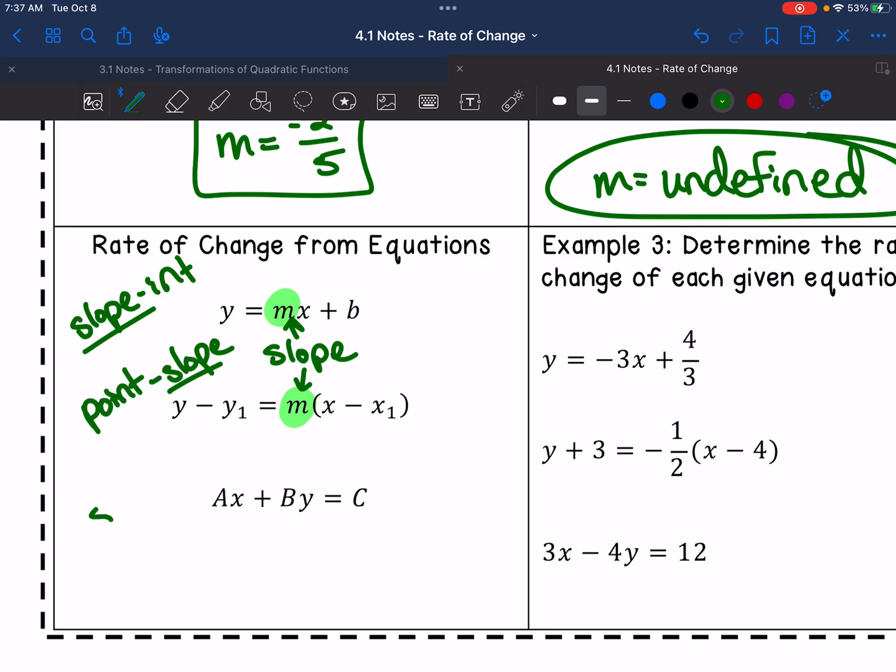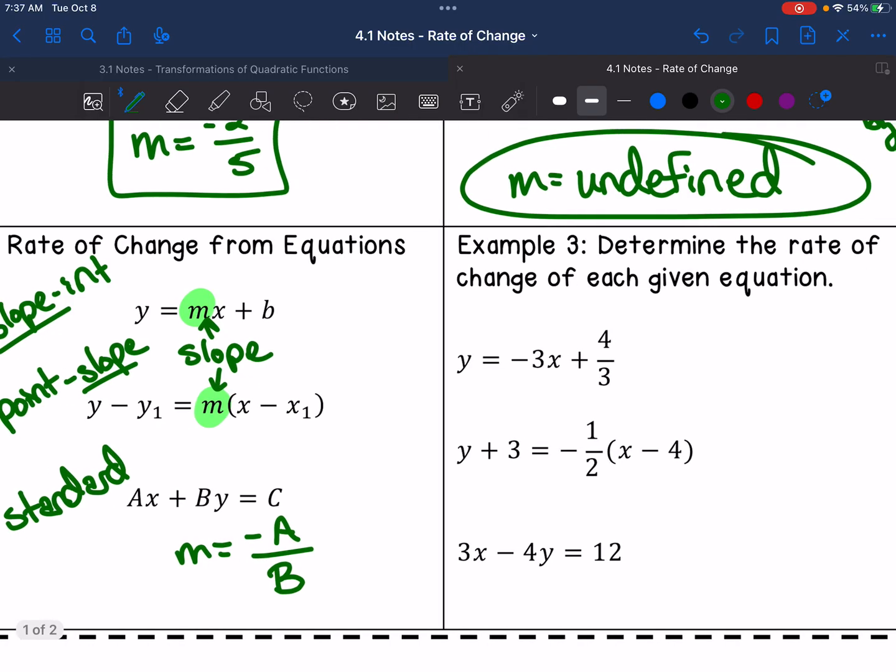Now, with standard form, you can't see the slope. So what you have to do is solve it out for y. You got to get y by itself and then look in front of your x, or you can remember the shortcut, which was the opposite of whatever a is divided by whatever b is. That's how you find your slope on standard form.